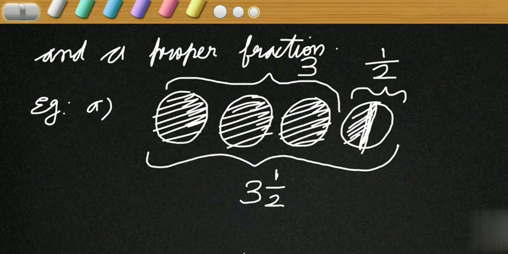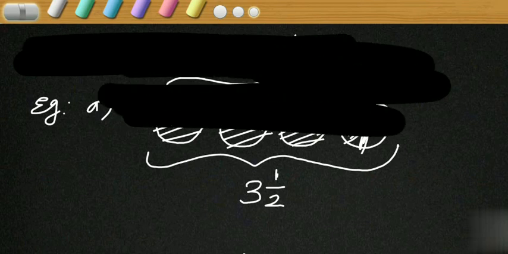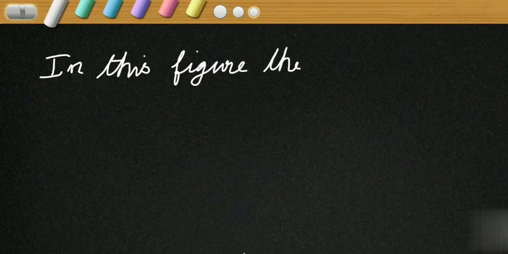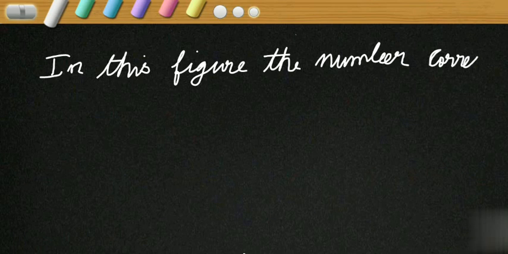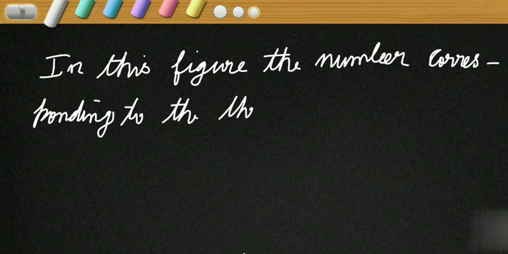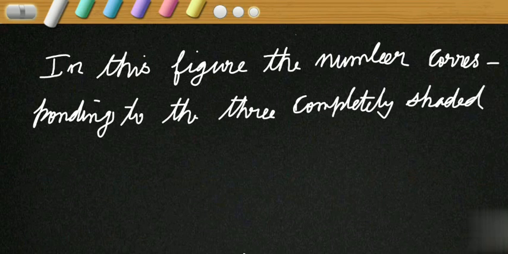Okay, yes. So let's write the explanation of this. In this figure, the number corresponding to the 3 completely shaded circles is 3.